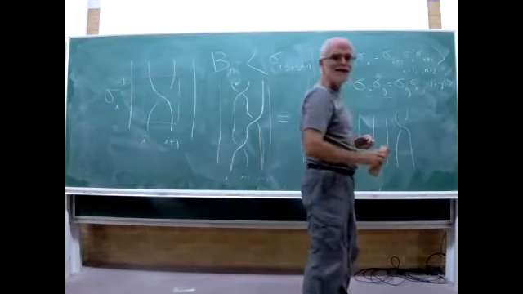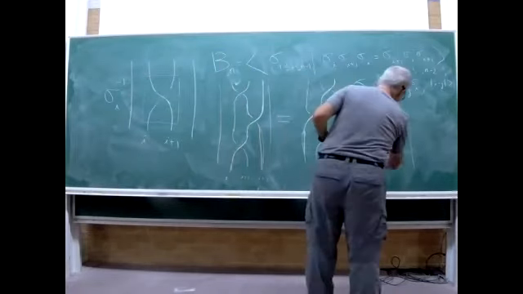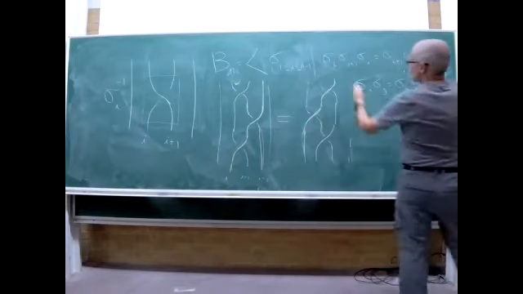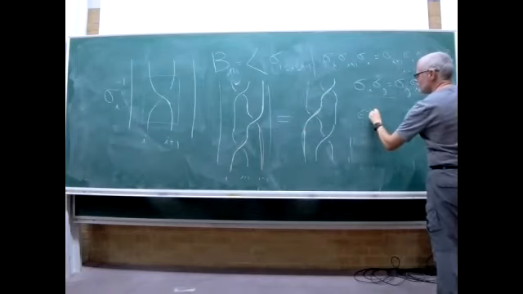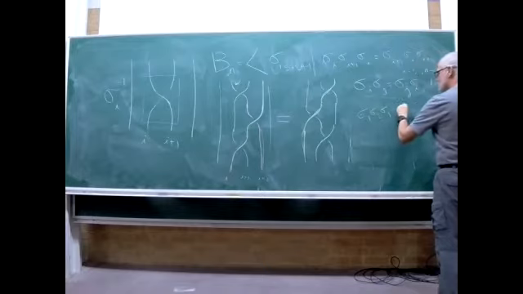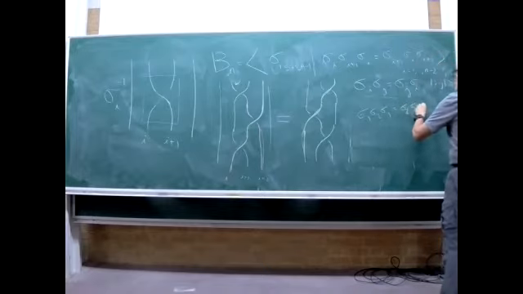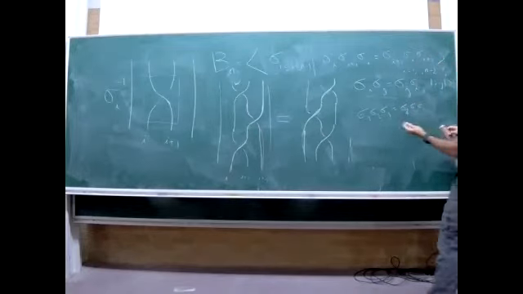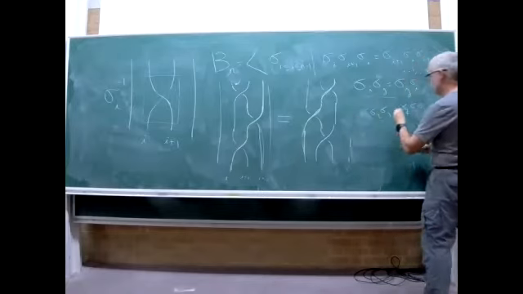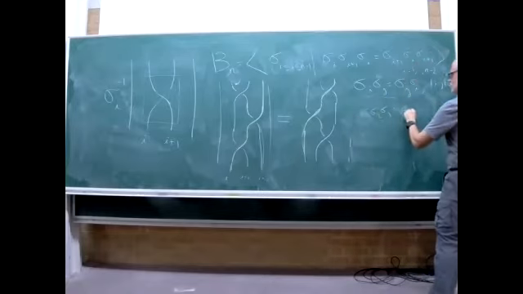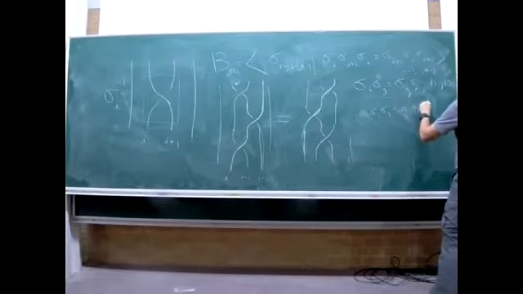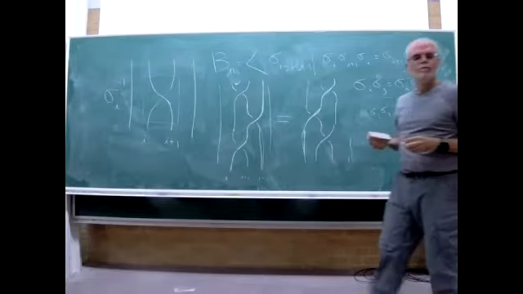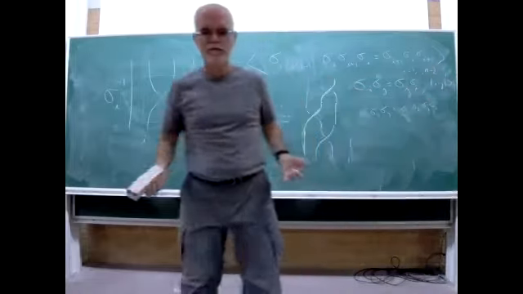It depends what you mean by unique, because I could rewrite this relationship, sigma 1, sigma 2, sigma 1 equals sigma 2, sigma 1, sigma 2, and multiply by sigma 1 inverse on both sides. But that's exactly the same relation.